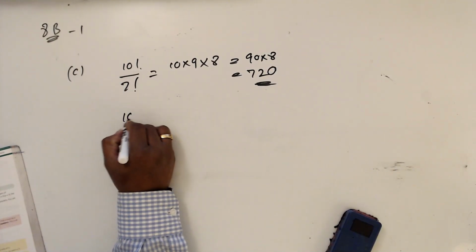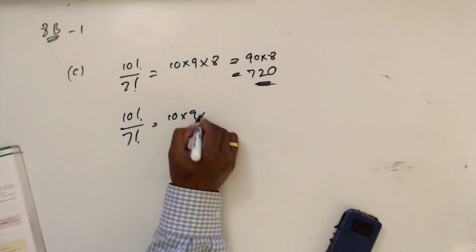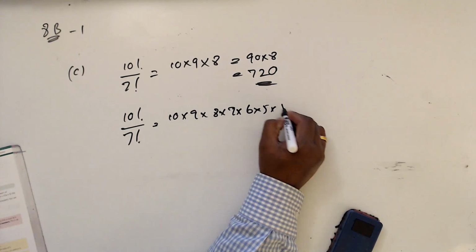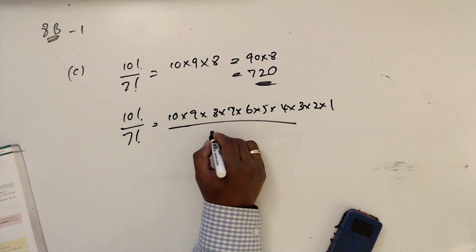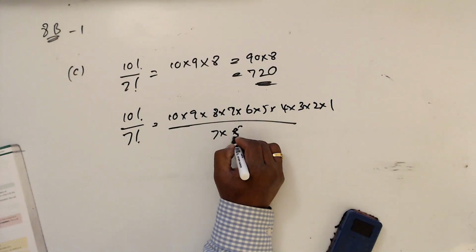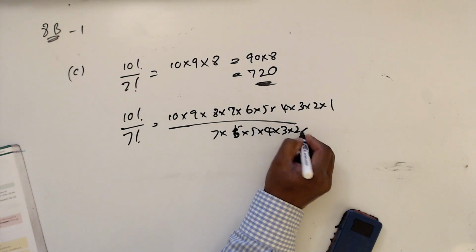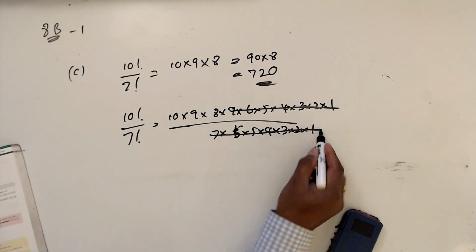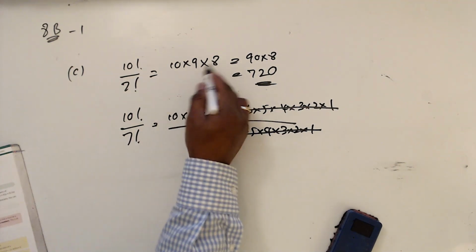So you can work out factorial 10 over factorial 7. 10 times 9 times 8 times 7 times 6 times 5 times 4 times 3 times 2 times 1 over 7 times 6 times 5 times 4 times 3 times 2 times 1. That's why I wrote it simply.